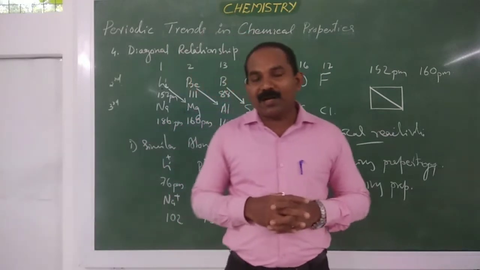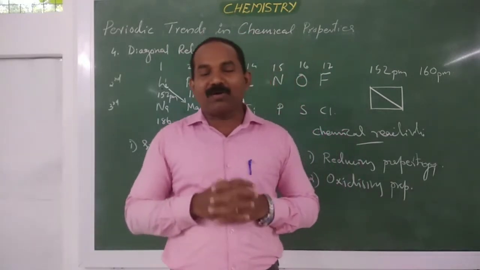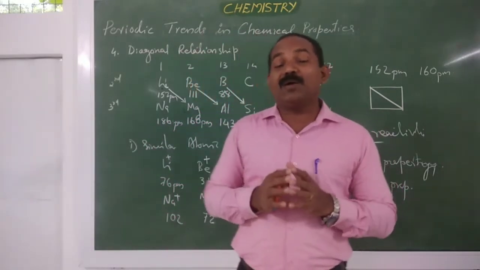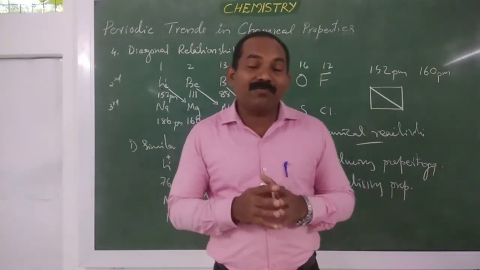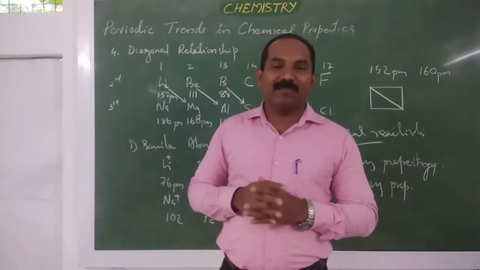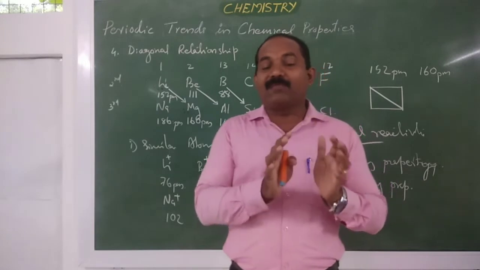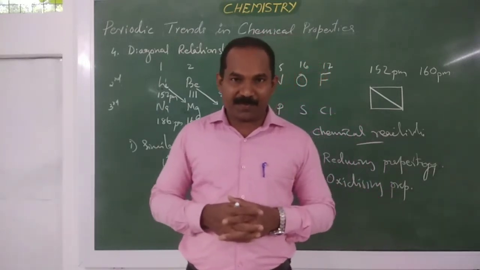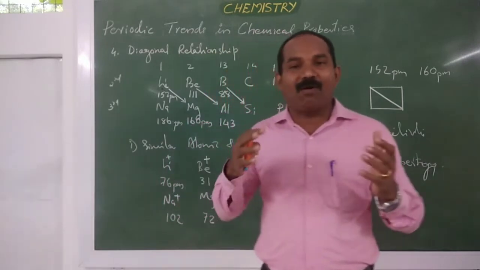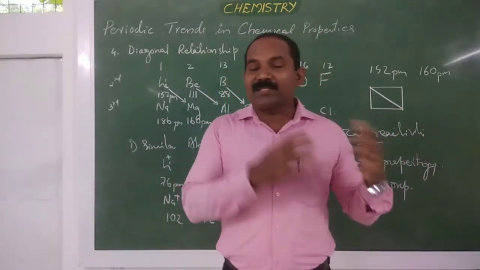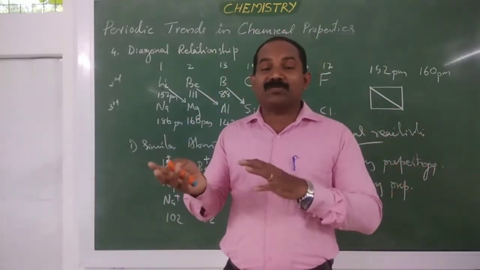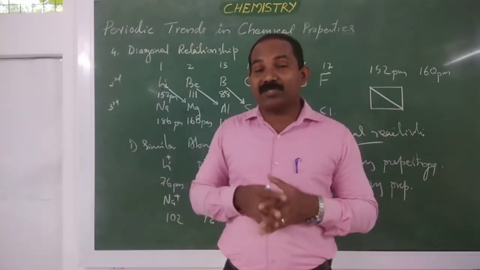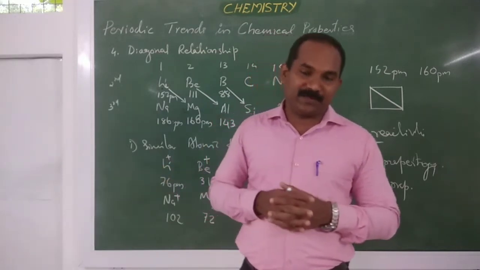Another topic is oxides. What are oxides? Oxides are binary compounds of oxygen with other elements. We know that different oxides exist: metallic oxides, non-metal oxides, and semi-metal or metalloid oxides.